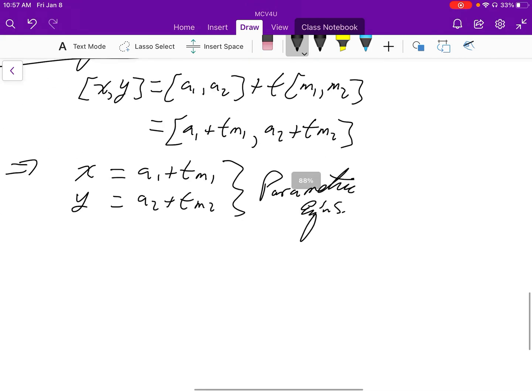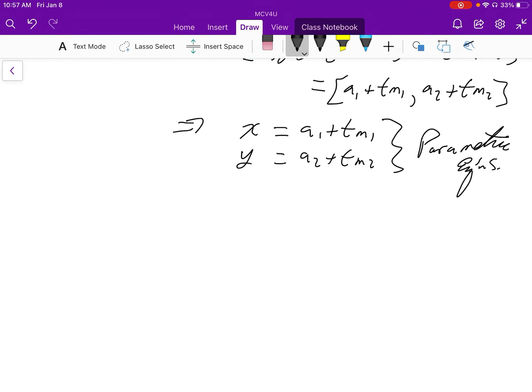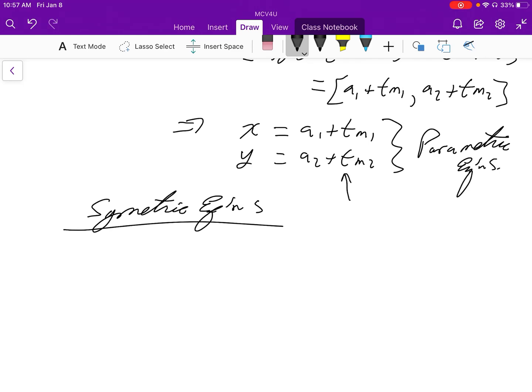All right. Now, the third and final one is called the symmetric equations. Okay, the symmetric equations continue on from the parametric equations. All right, and since we have the exact same unknown, t, in each line, we are going to solve for the parameters. It tells us what the parameters actually are, okay?